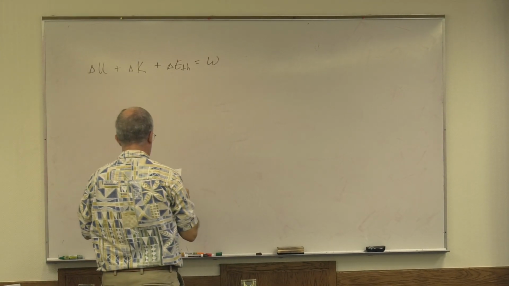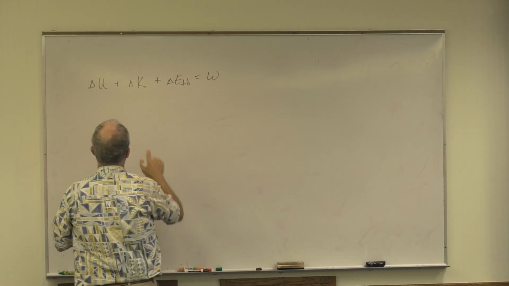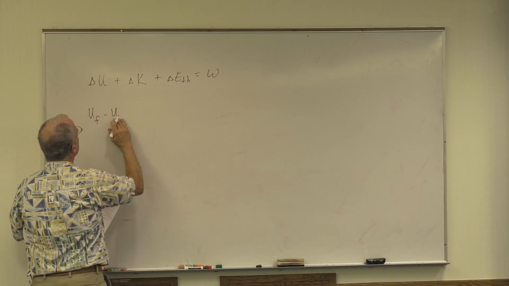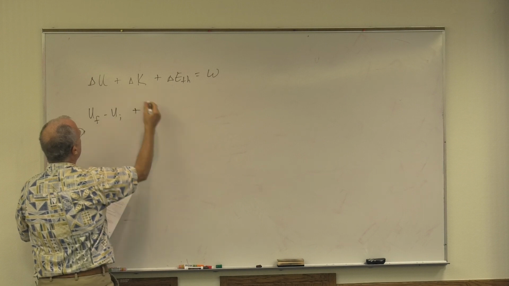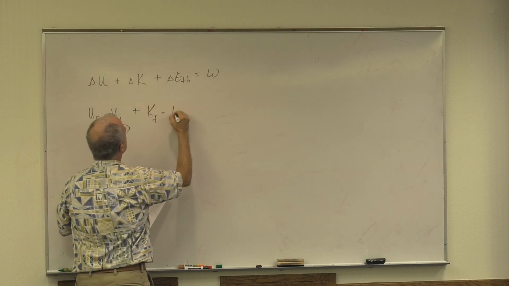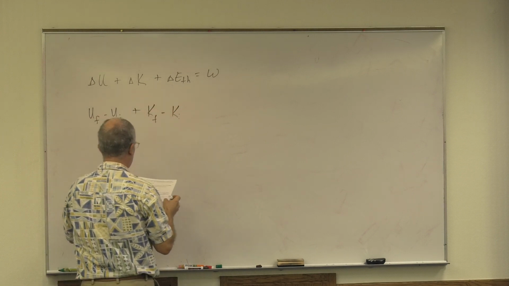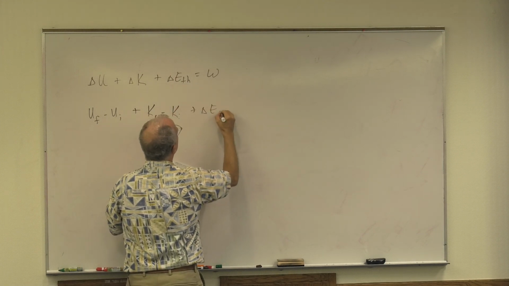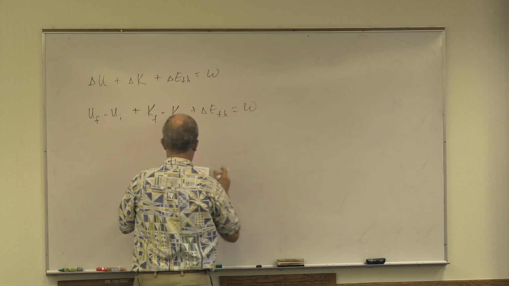Great. Now, what's delta U? U final minus U initial. What's delta K? K final minus K initial. And we just leave that alone, plus delta E therm equals work.